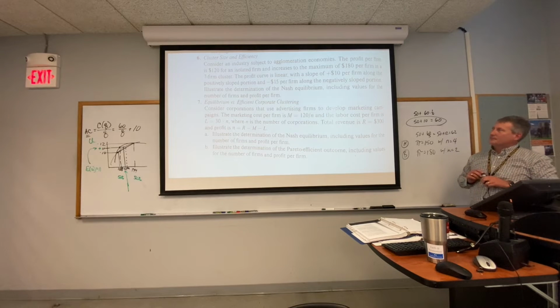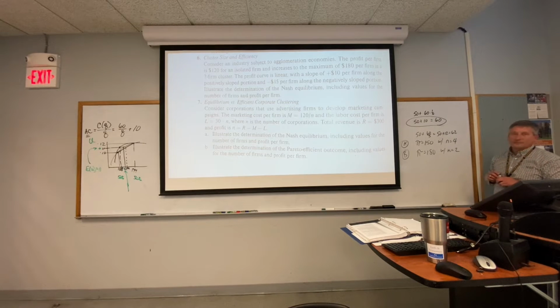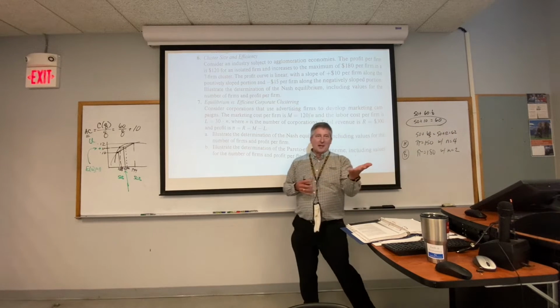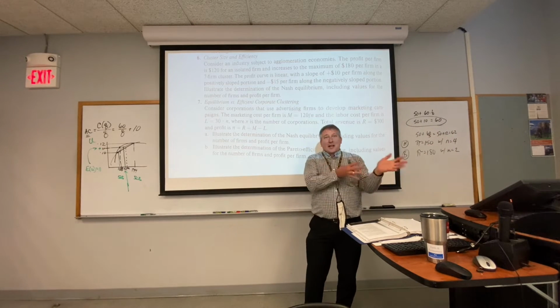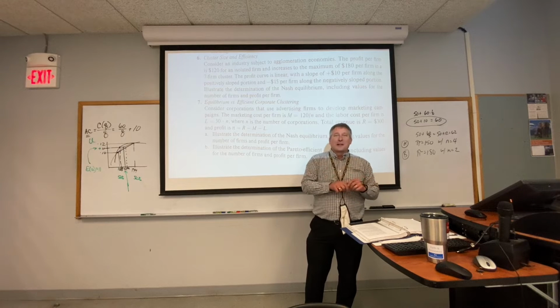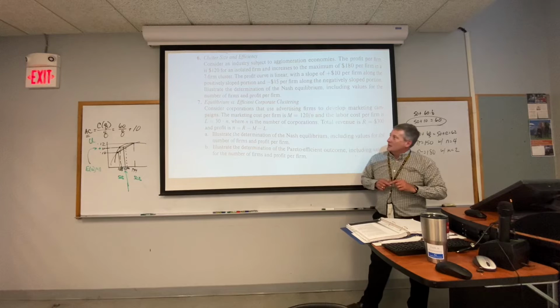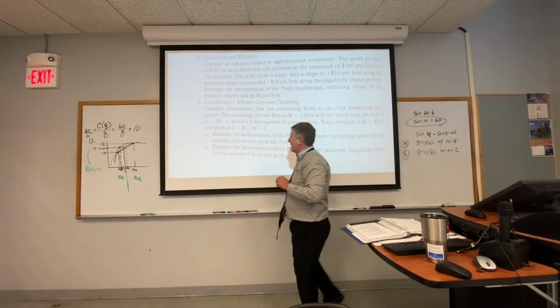No, 37.5. Ah, it's over here. 37.5. So if there was profit on the table to reduce the number, we'd start having mergers or something, right? And so doing a little table would be fine.